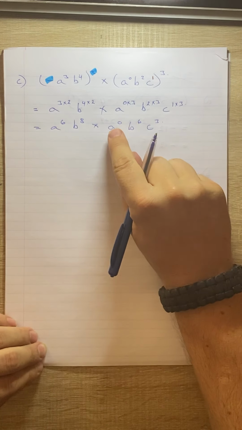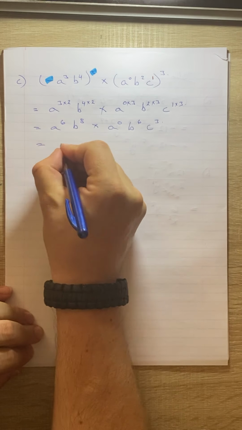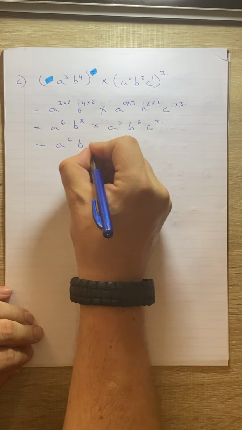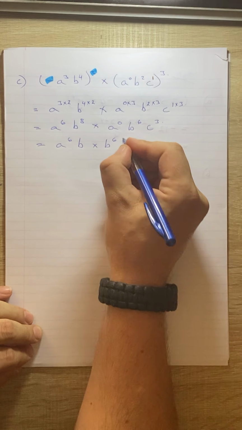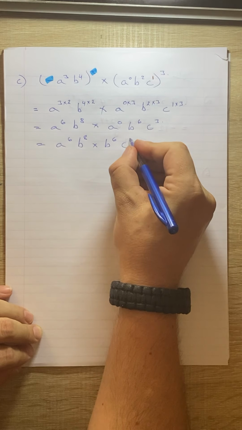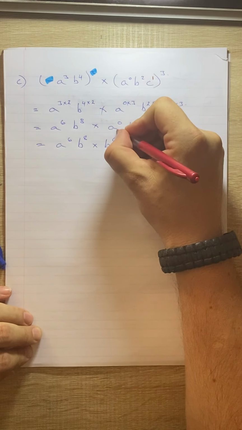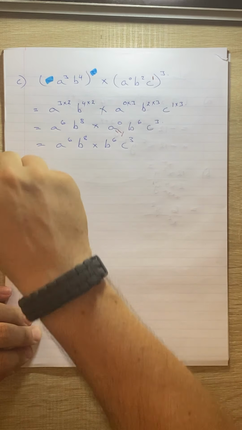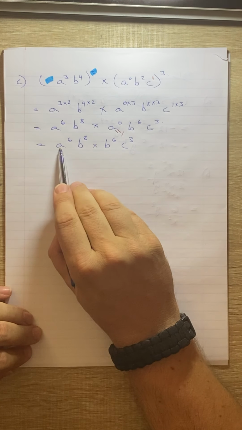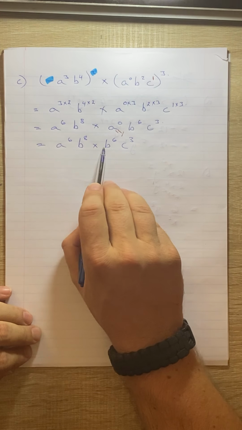Okay. Now remember, anything to the power of 0 is 1. So we can now say that this is a to the 6 multiplied by b to the 8 times b to the 6 times c cubed. Okay? Because this whole thing is equal to 1. Right, if bases are the same and we're multiplying, we add the exponents. So there's no other base a.